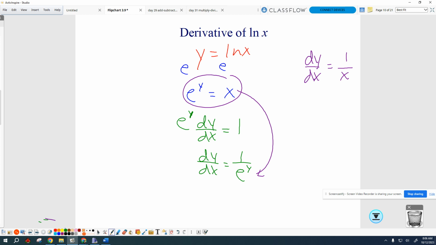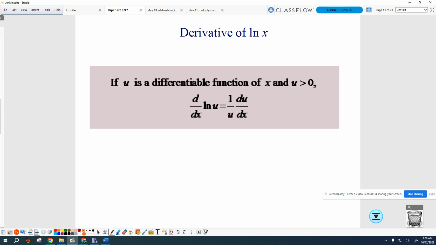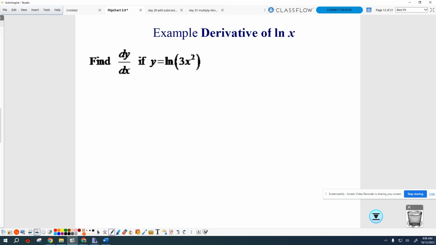But question? No? And again, you don't need to do the proofs. It's to motivate you to memorize the pattern. So there's the pattern with chain rule. So do that one.